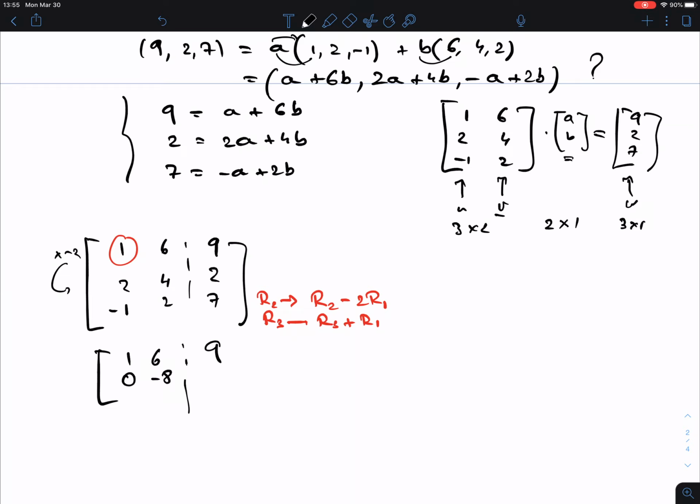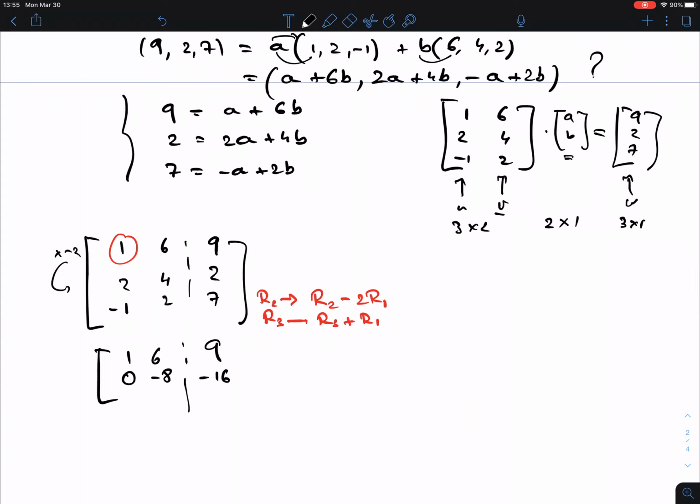Minus 18 plus 2 is minus 16. And now the second row operation is the adding here. So I'm just adding, so I get 0, 8, 16. Okay. This is taking care of this.